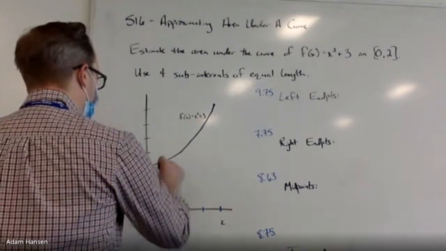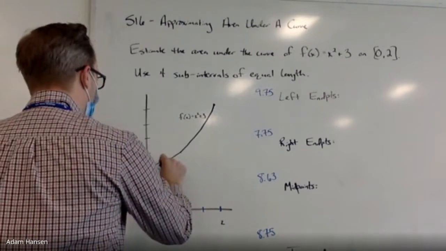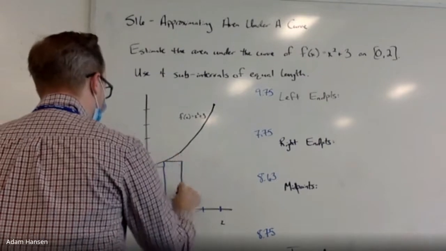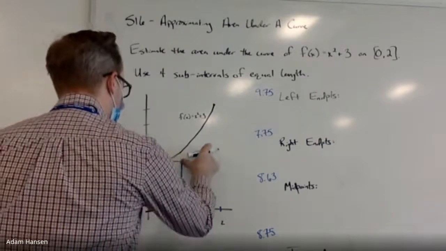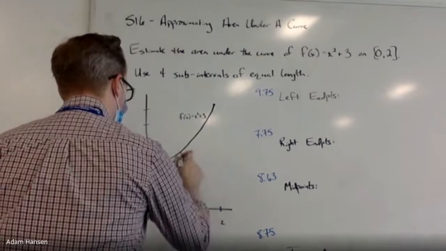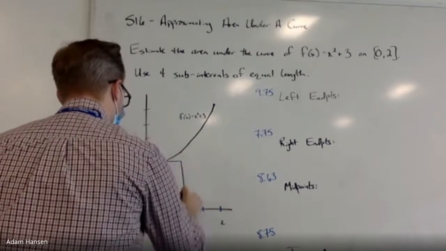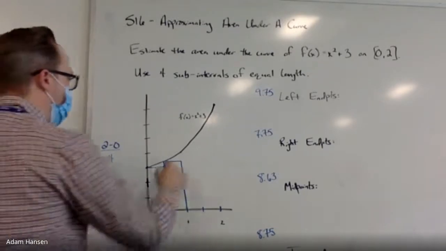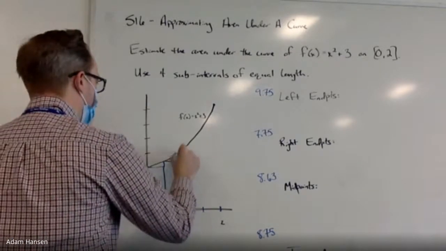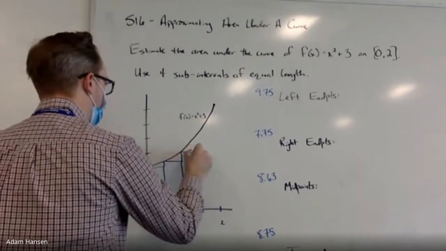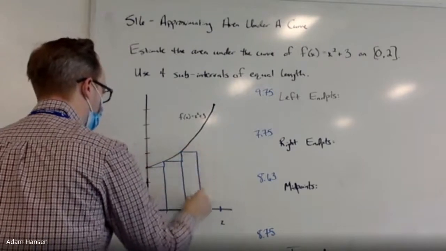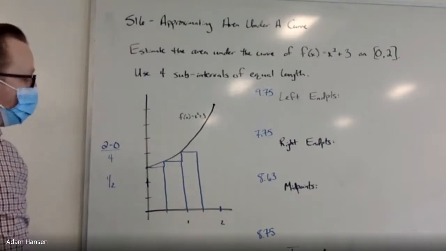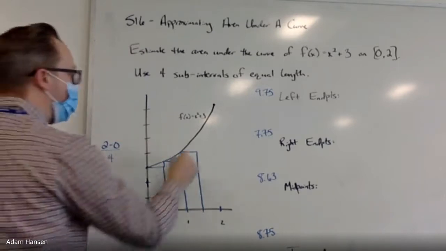Since I'm intersecting it on the left-handed endpoint of the interval, it starts at x equals 1/2, extends for a width of 1/2. One more rectangle. And our fourth rectangle runs from x equals 1.5 to 2.